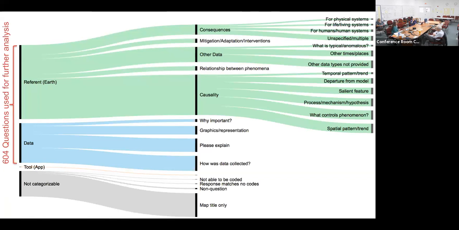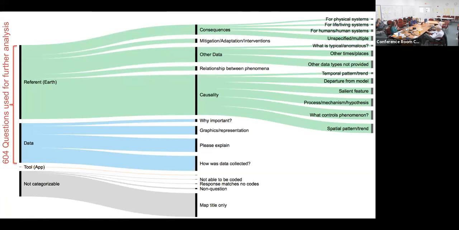Yeah. And it's not that the data questions were unsophisticated, or that the Earth questions were the more sophisticated questions. That wasn't the case at all. There were very, very simple data questions like what is red, and there are very sophisticated data questions, asking about the sensitivity of the sensors that were used to collect the data and other kinds of things like that.